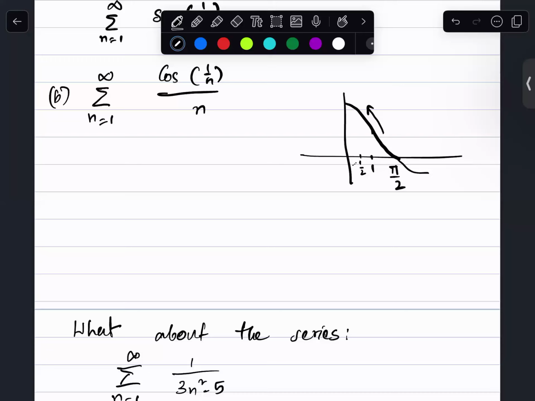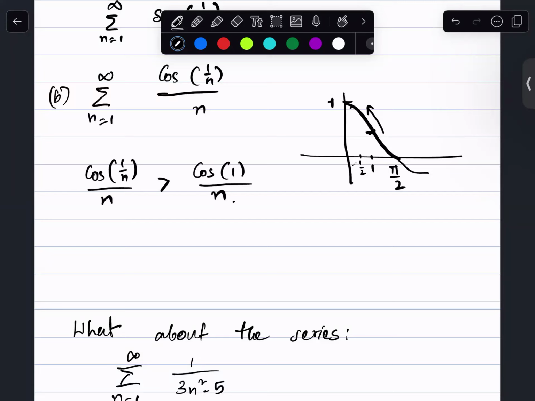So cosine 1 over n grows like this, and this is the ceiling for cosine 1 over n. Cosine half will be a bigger value, and cosine 1 over 3 will again be bigger than cosine 1.